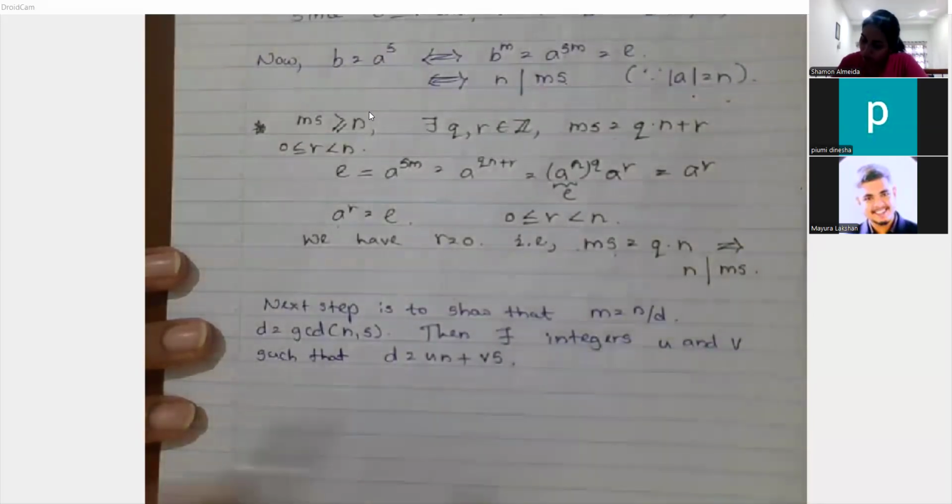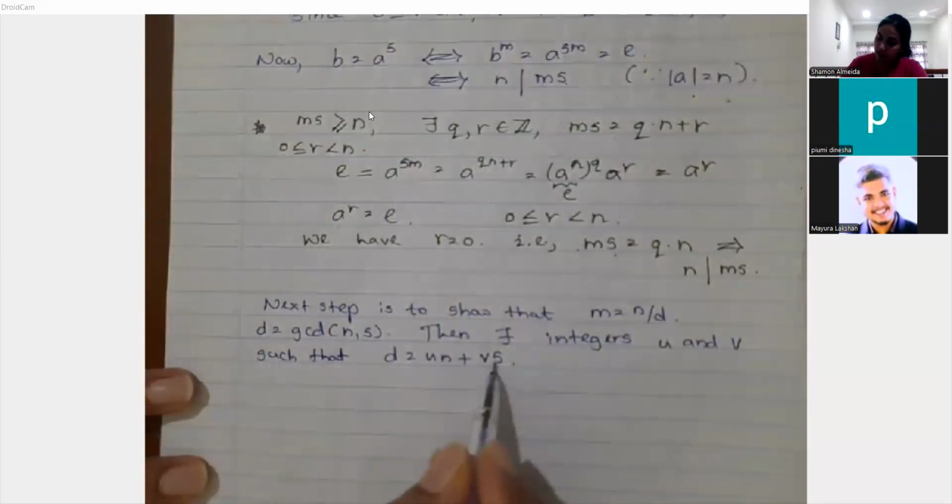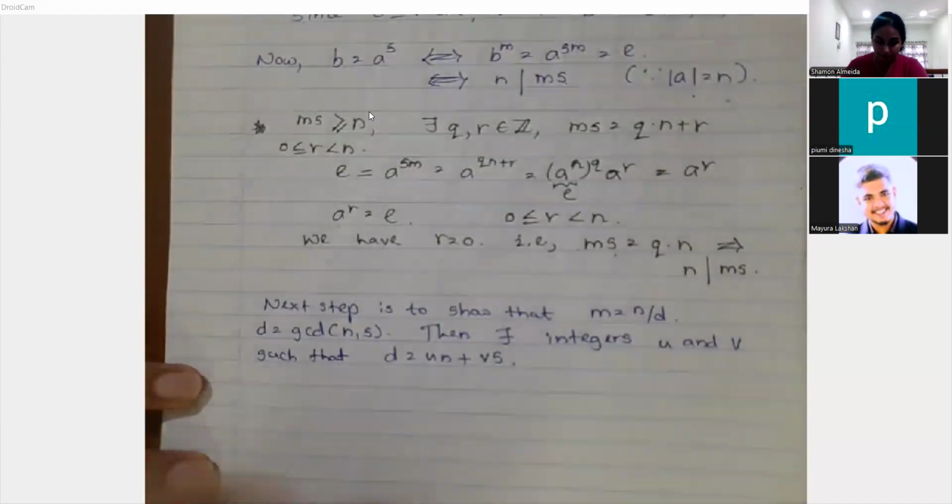Now, d is the greatest common divisor of n and s, so by definition d divides n and d divides s. So I will divide each term over here by d.